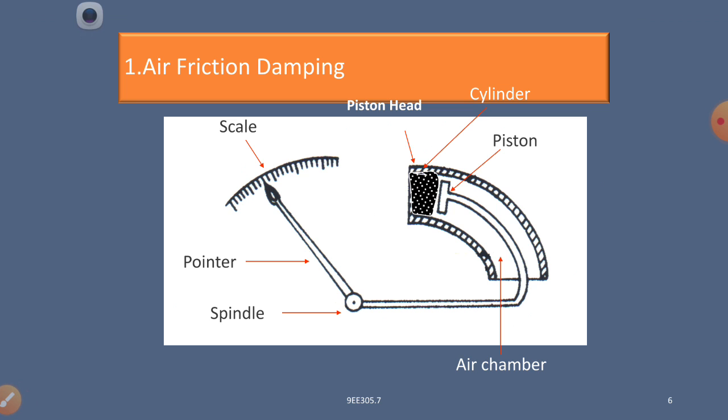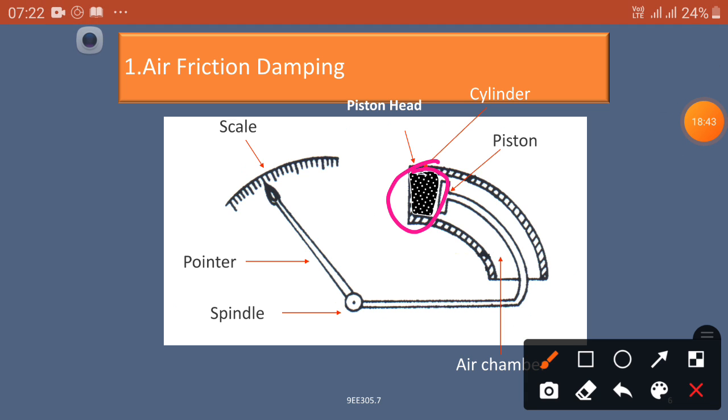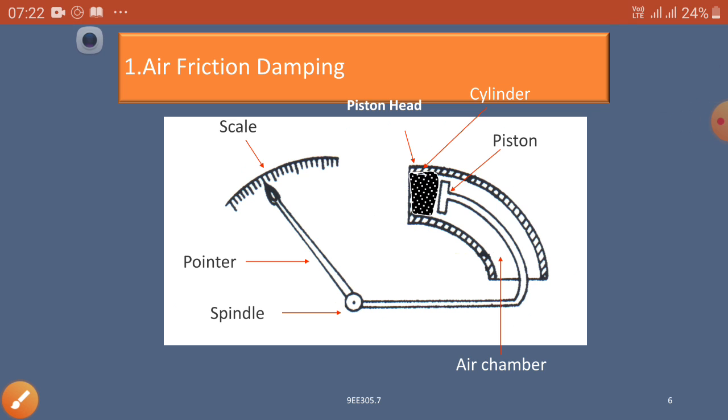Now here you can observe this black color. This is where the suction is created. The suction tries to attract in this direction. The air inside is compressed when the piston head presses towards this side, because there is no chance for the air to escape.